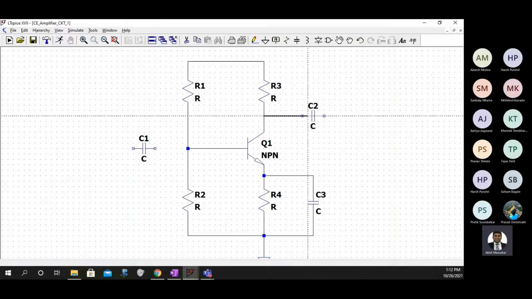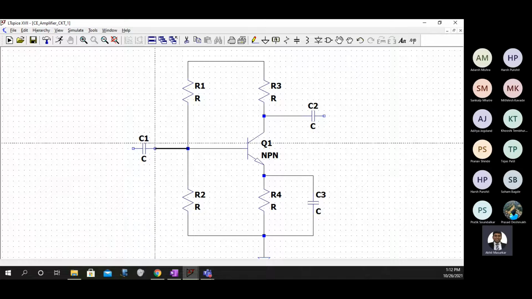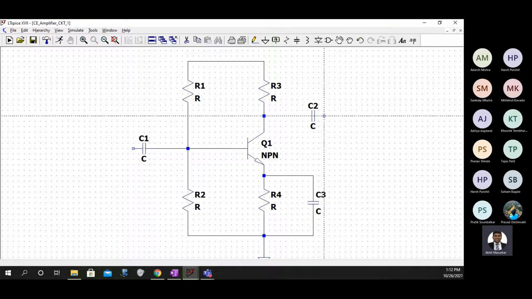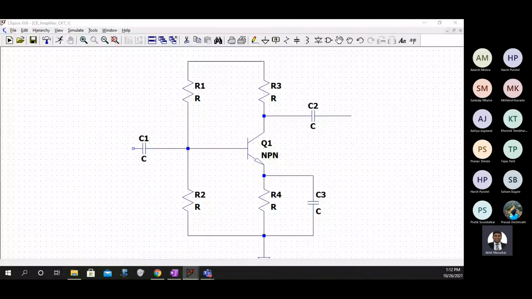Now here we will have the input and the output. So just do this much.